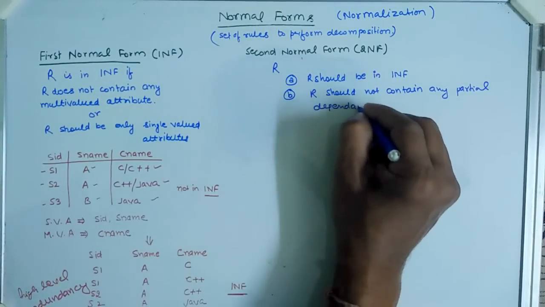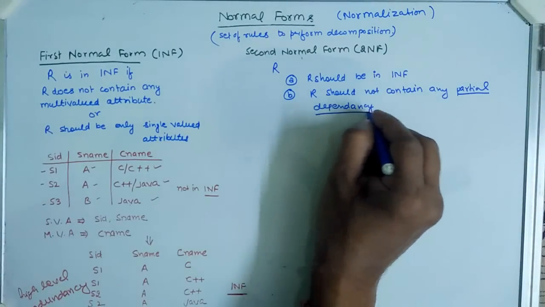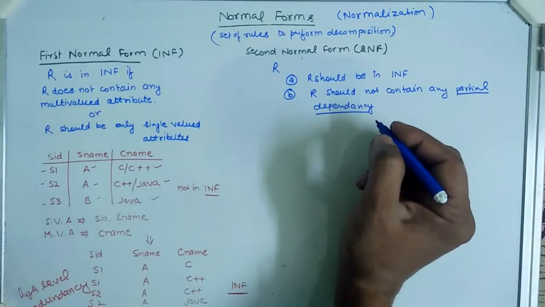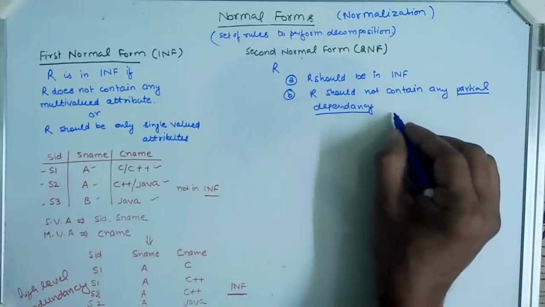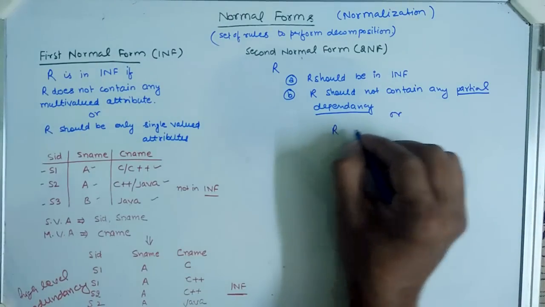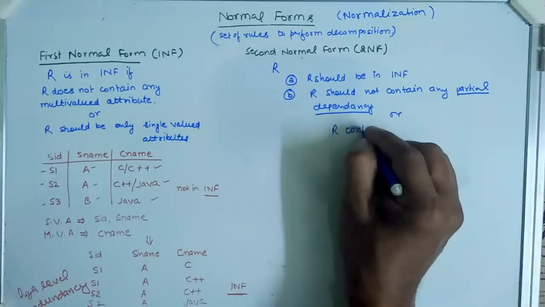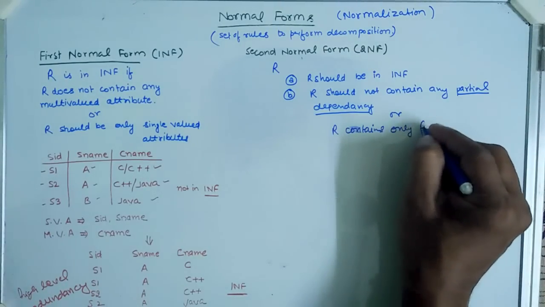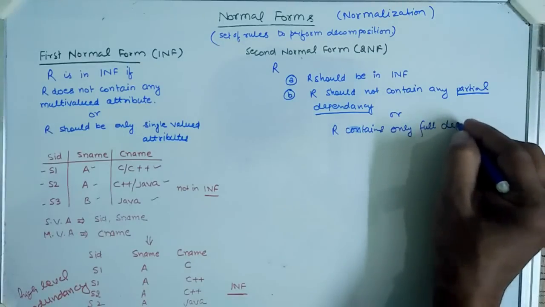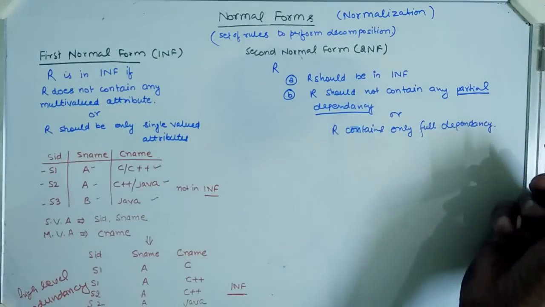Now here a new term is introduced, that is partial dependency. So either R should not contain any partial dependency, or we can say that R contains only full dependencies.